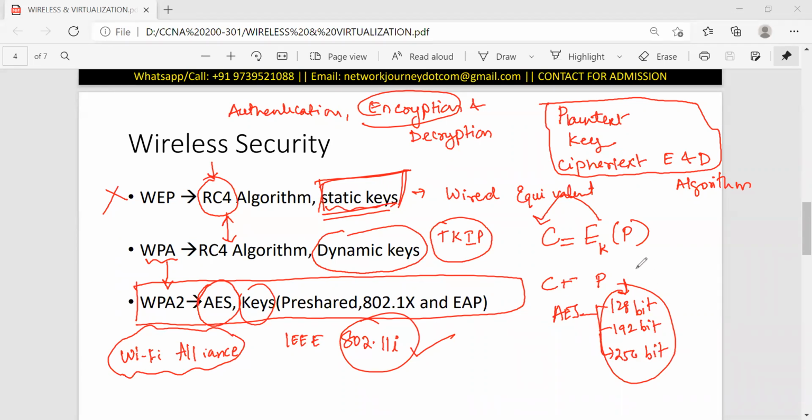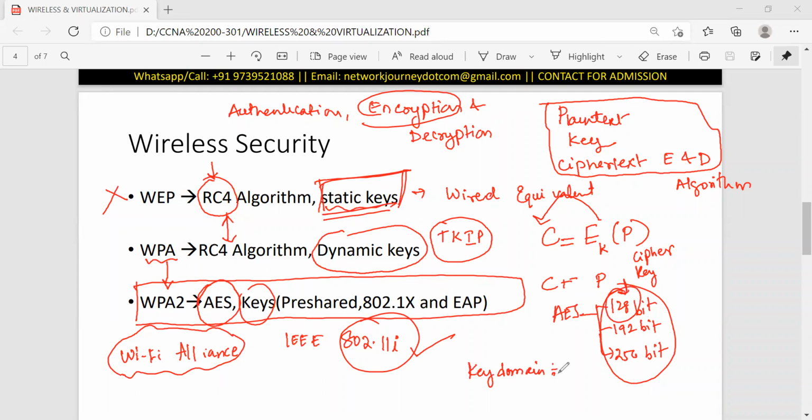These are the numbers of the cipher key, because the higher the length of the key, the better it is, because it gives you a good key domain. Key domain is basically the size, or the list, of all possible keys.